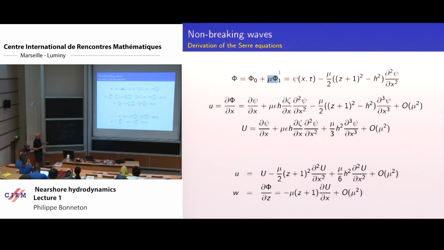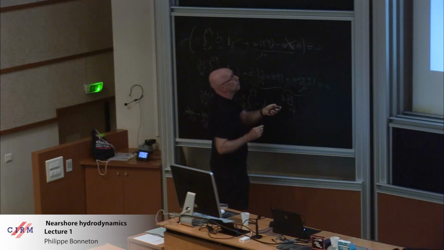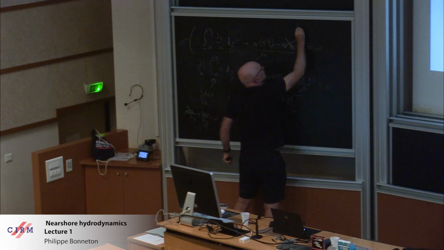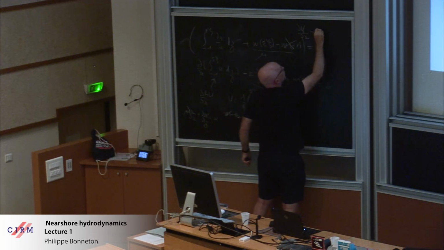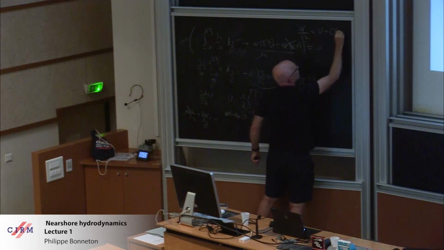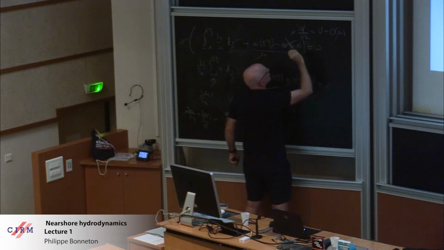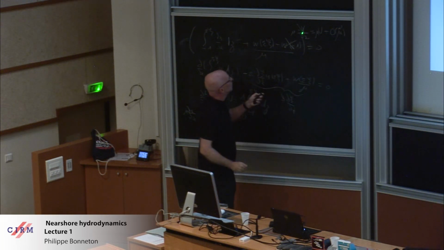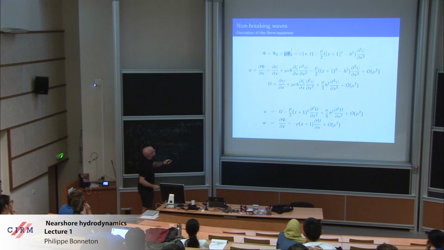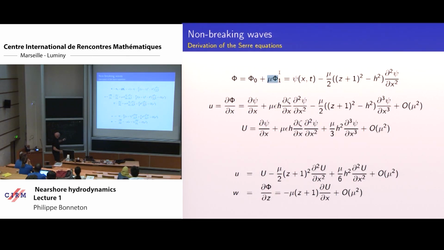You can simplify the expression for u by considering that with this equation, you know that dpsi/dx equals capital U plus O(mu). So mu dpsi/dx is equal to mu capital U plus O(mu square). So the term in mu, the derivative of psi, everywhere, can be replaced by a term with capital U, neglecting terms of order mu square.